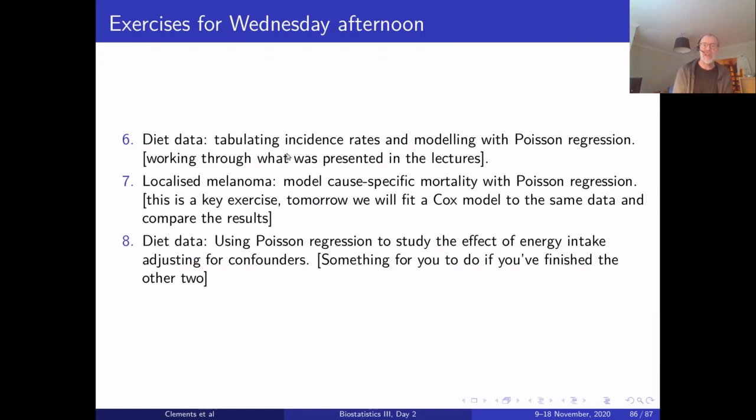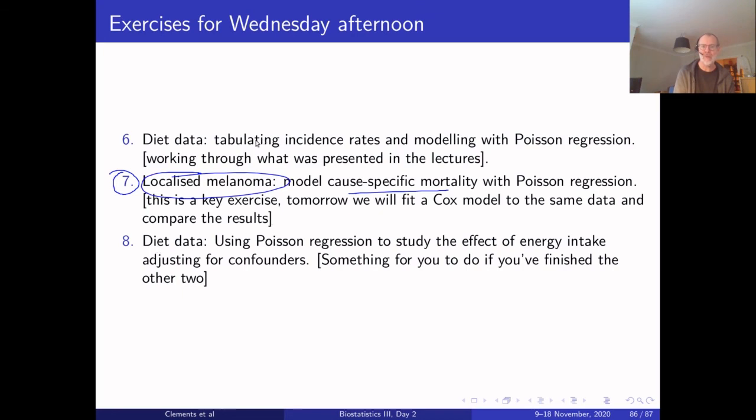So, exercises for Wednesday. The key exercise here is exercise 7, which is looking at cause-specific mortality for localized melanoma, and this will be compared to exercise 9 on Friday.